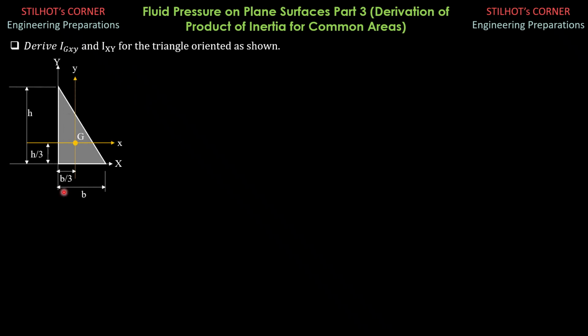This is the orientation of the triangle, this is the base, and that's the height. The location of the centroid, you know that it is at b over 3, h over 3. Then in this problem, I consider a horizontal strip, although we can also have a vertical strip.